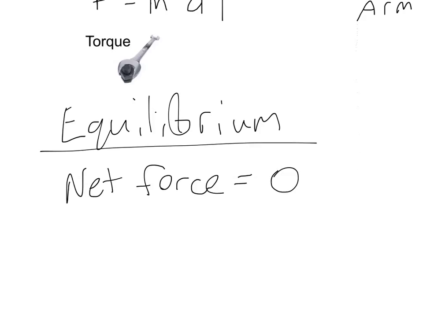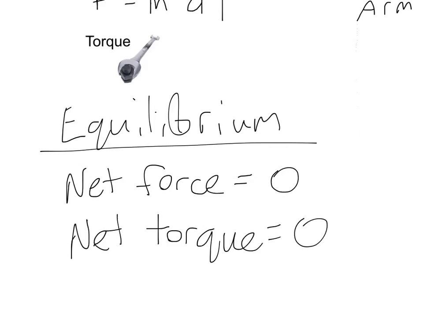The new piece related to torque is that the net torque on the object is also zero. So if you are applying a wrench to a bolt and you're pushing clockwise with a certain amount of force, and someone else is pushing counterclockwise with the same lever arm and applying the same amount of force, then the net torque is also zero.